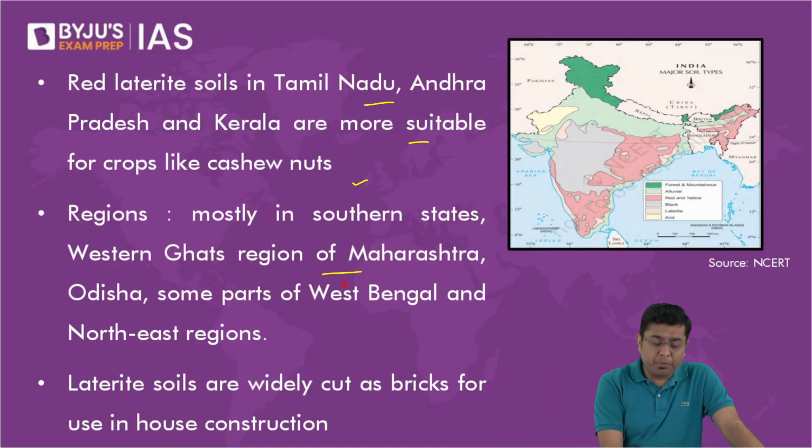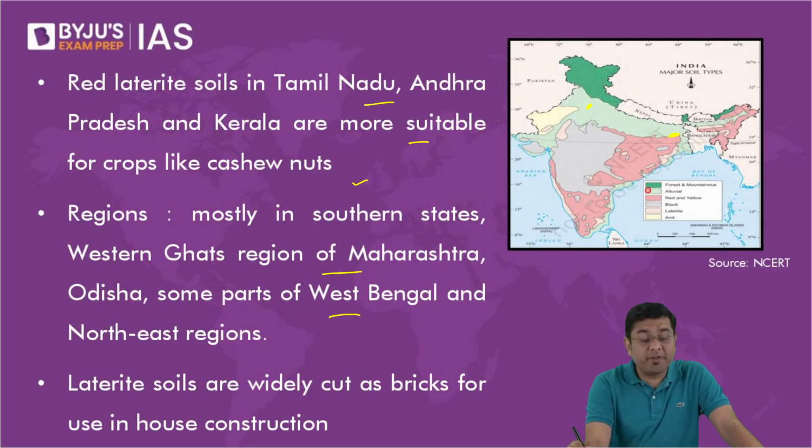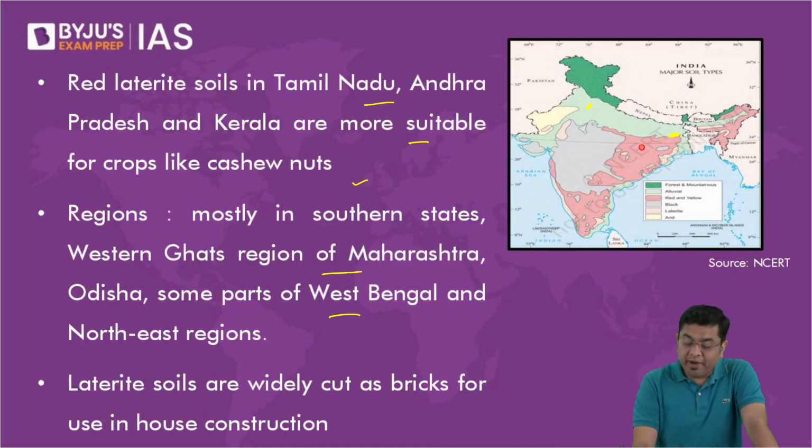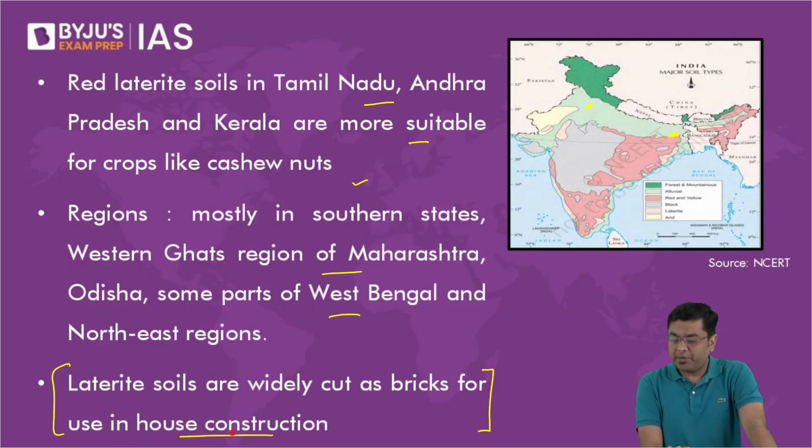Western Ghats region in the portion of Maharashtra, Odisha, some parts of West Bengal, even in areas around Aravalis in Delhi, you will find them. In certain areas of Bihar, you will find them. In certain stretches across Jharkhand, West Bengal, you will find them. So these are spread over in small patches almost everywhere. So they are widely used for brick in house construction for commercial purposes.